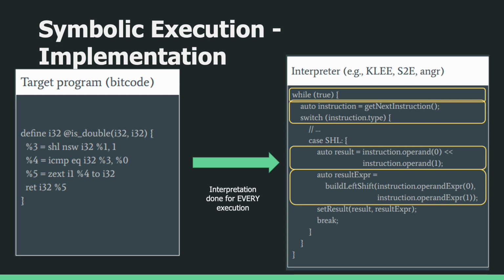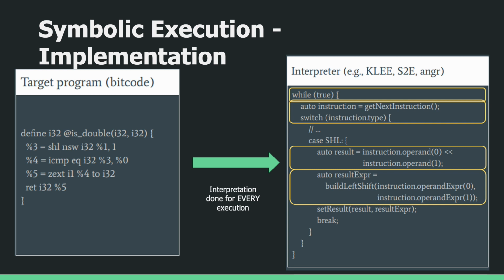Then we interpret this program at runtime, and when we interpret it, we insert new instructions inside the program in each execution, which extract the constraints from the program and give the constraints to a solver to solve. For example, I have a very simple example here where there is a function called isDouble.